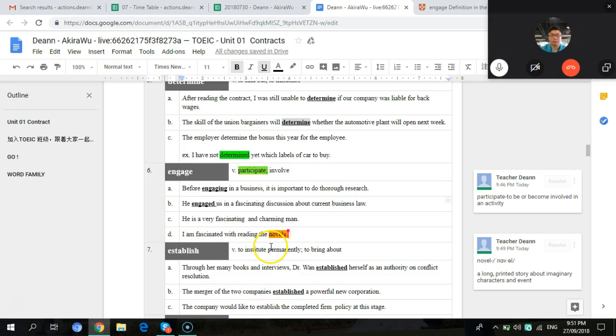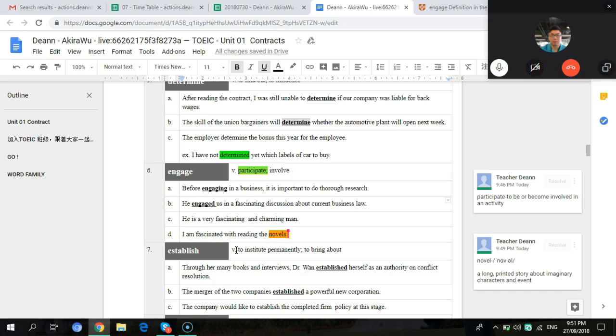For example, I'm fascinated with pink pillows, or I'm fascinated with joining a contest. In that way you can also engage yourself to something.